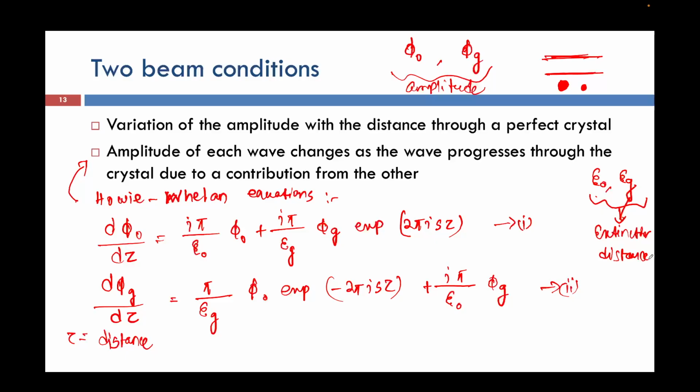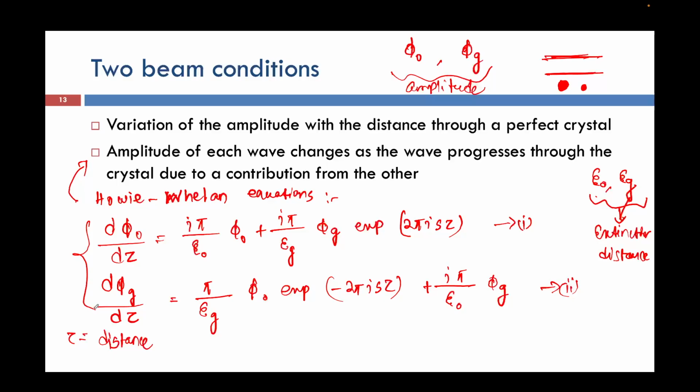I think these are the two new terms that we have been introduced: one is epsilon naught and epsilon g, and another one is phi naught and phi g. So these two equations are known as the Howie-Whelan equations, and they give us the amplitude variation when the wave progresses through a crystal. With the distance, this is how the amplitude is varied.